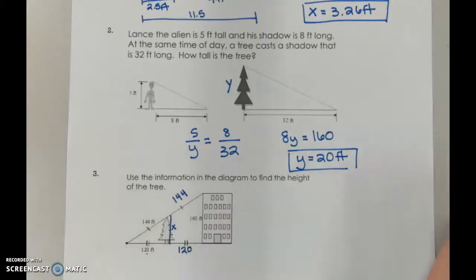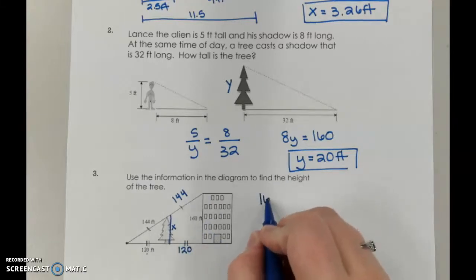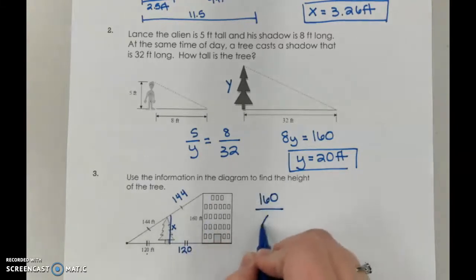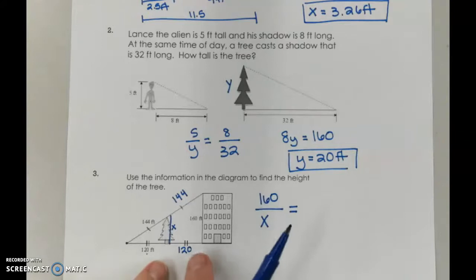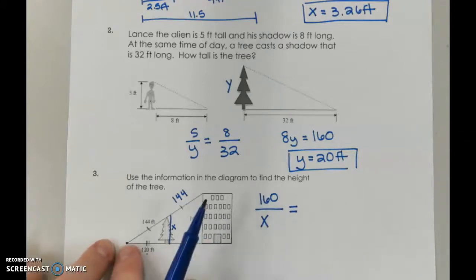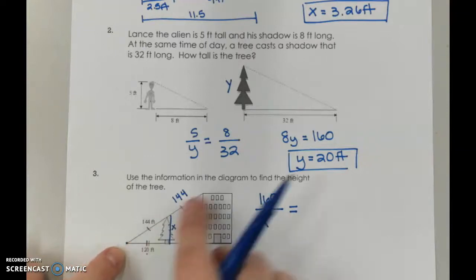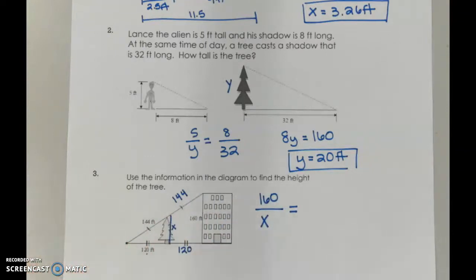So I need to set up a proportion to solve for x. So the height of the building to the height of the tree, that ratio should be equal to, now there's two ways you can do this. You could use the length from the building to the edge, and then from the edge to the tree, or you could use the hypotenuse of both of those triangles.